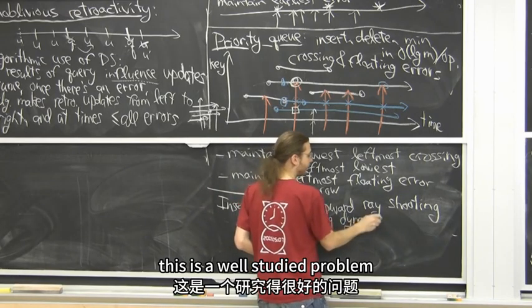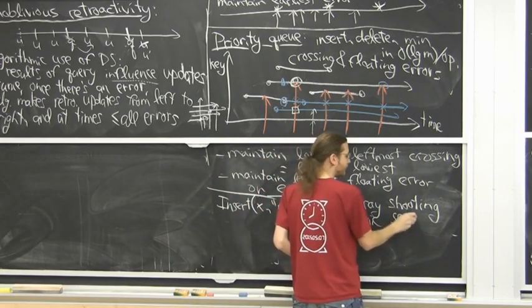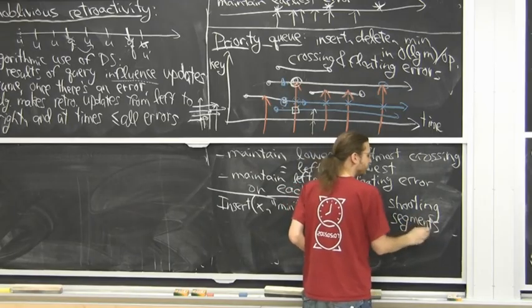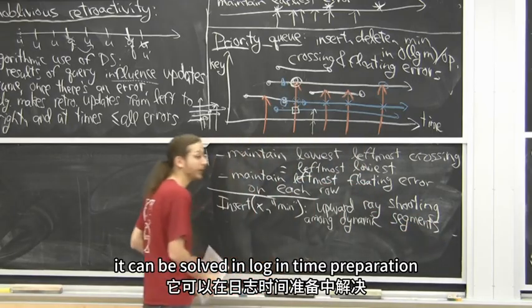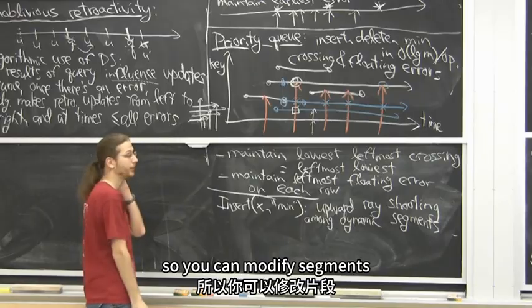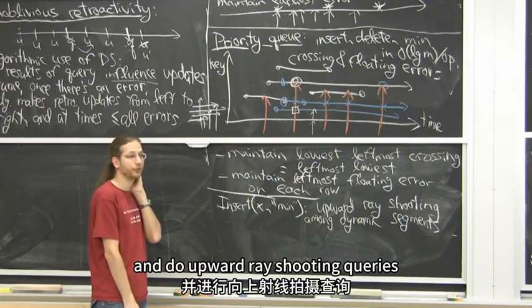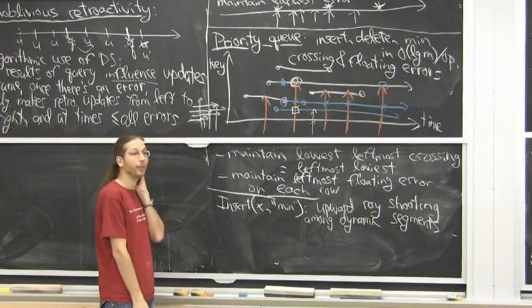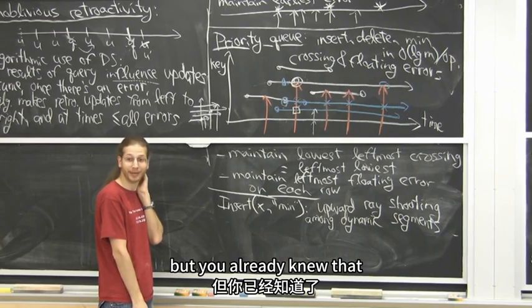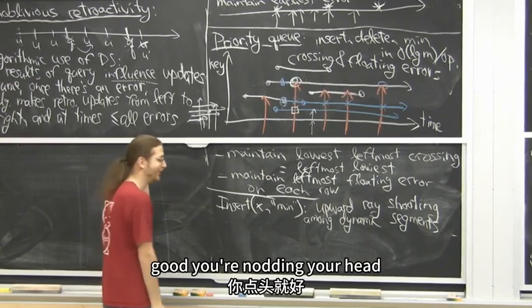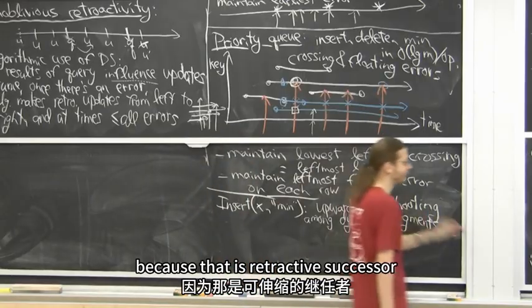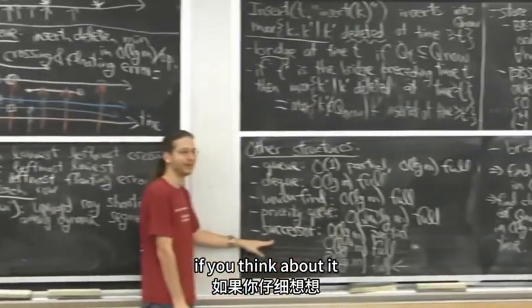This is a well-studied problem. And conveniently, it can be solved in log n time per operation. So you can modify segments and do upward ray shooting queries in log n time per operation. But you already knew that. Good, you're nodding your head, because that is retroactive successor, if you think about it.